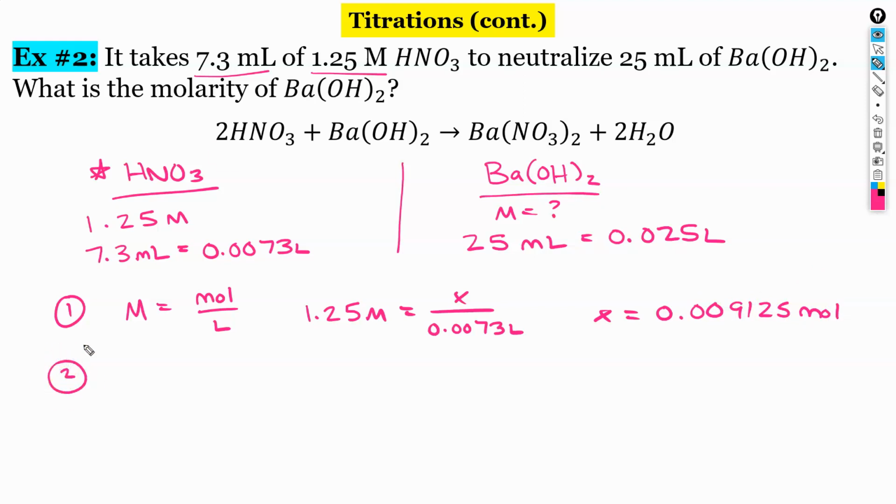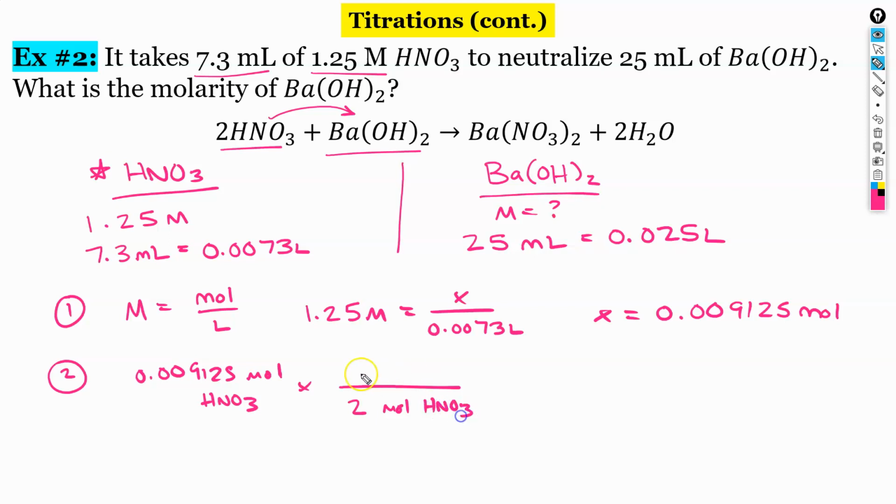Step 2 is going to be that mole ratio. So we're going HNO3 to BaOH2. So we have 0.009125 moles of HNO3. And our mole ratio here is 2 moles HNO3 to 1 mole BaOH2.